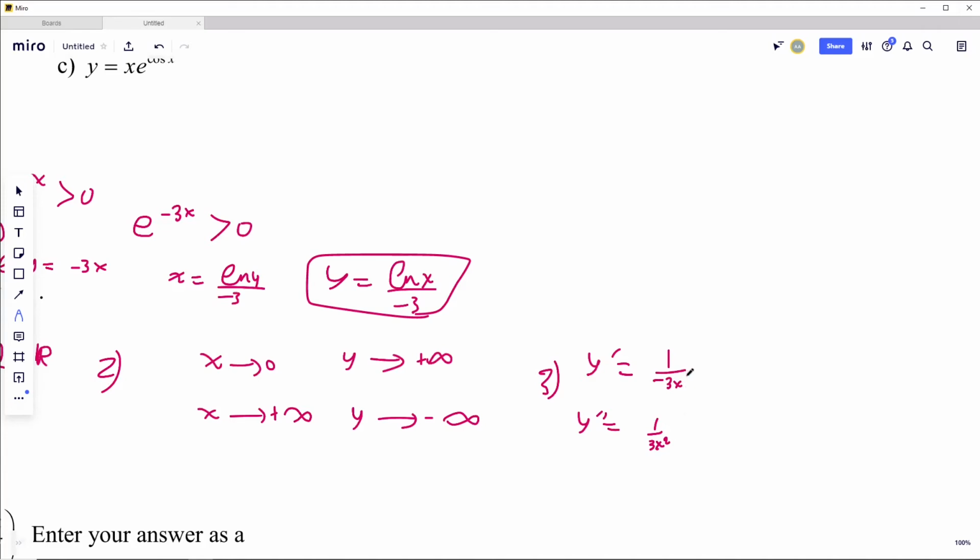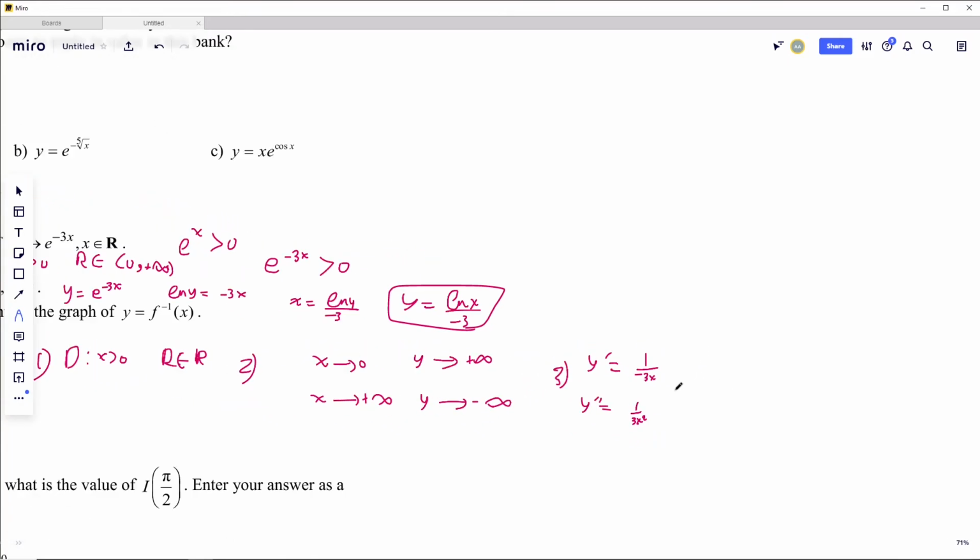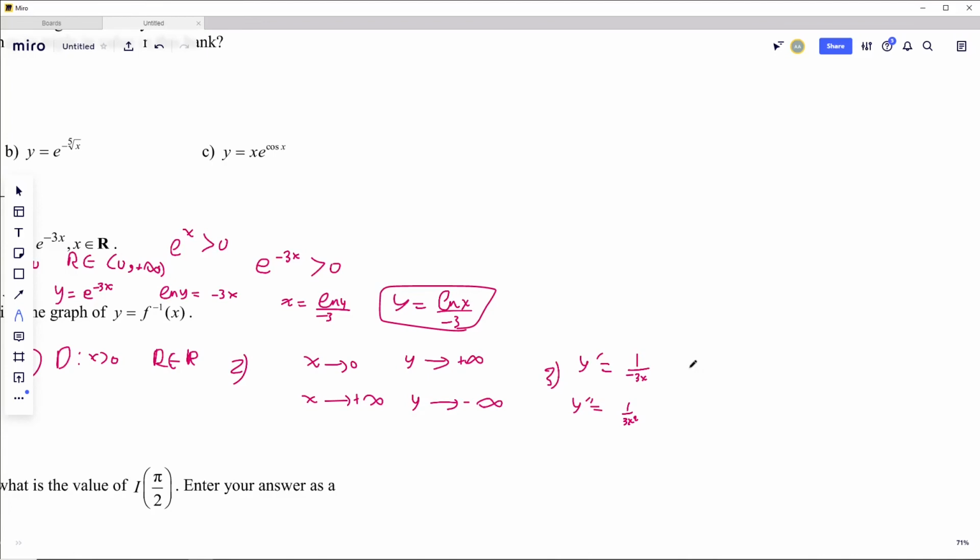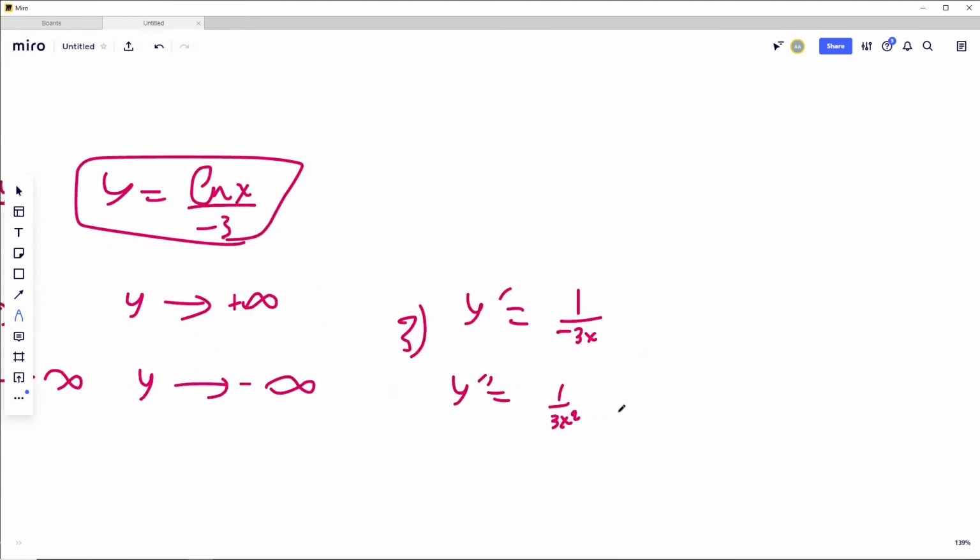Now we've got the derivatives. The second one is easier: x doesn't have to be positive, but x squared is always going to give us a positive number. And so this is concave up, always.